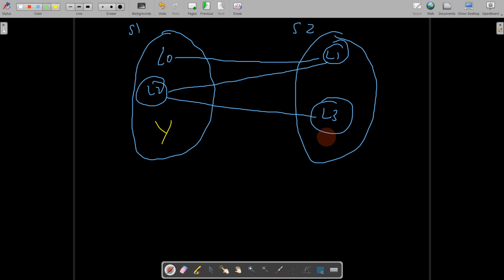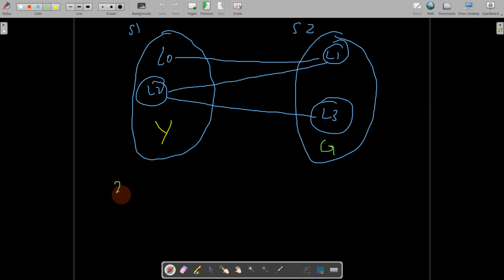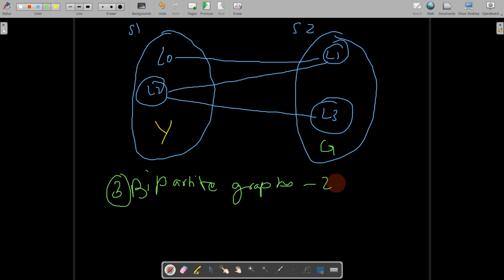And if I color all the nodes in set 2 with another color, green, so yes, it is two colorable. That is also valid, that bipartite graphs are two colorable.